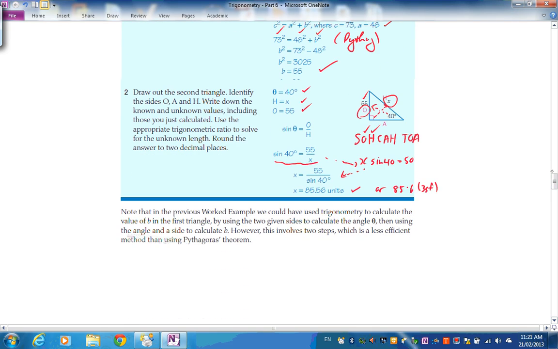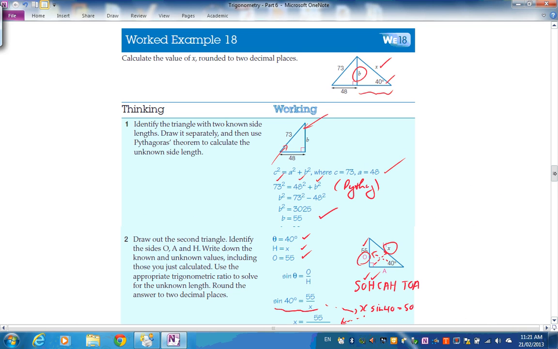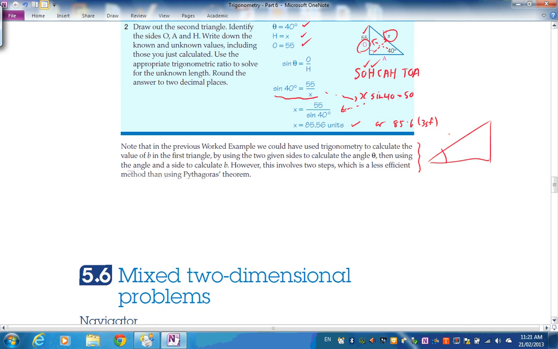Now, the use of Pythagoras there is important, because to actually use trigonometry in that go-between triangle, the first one there, if you remember, we only used 70 and 73 and 48.